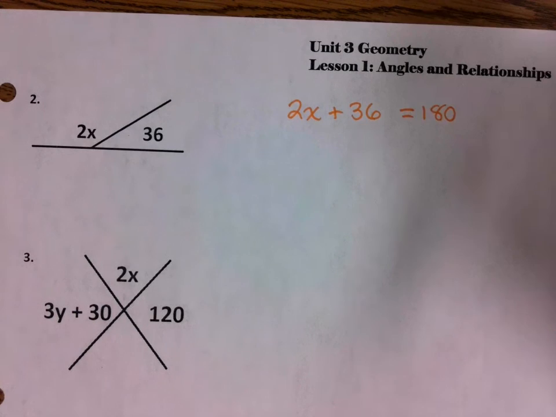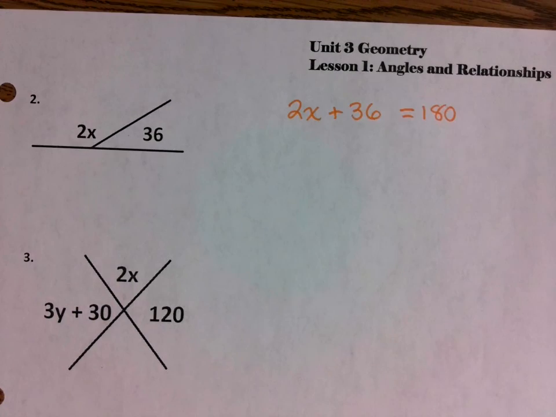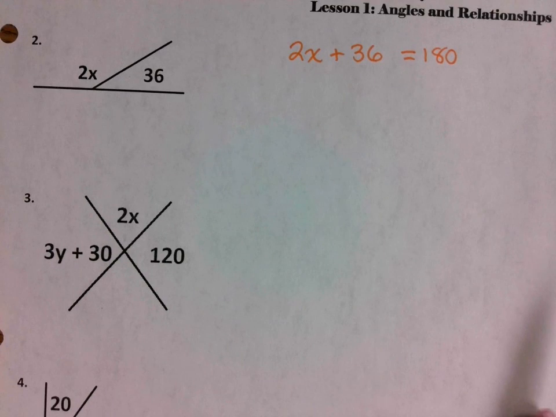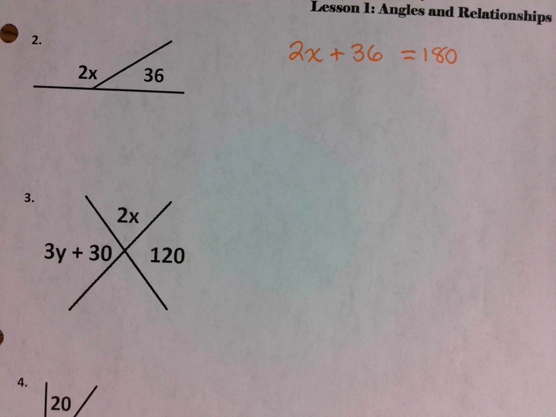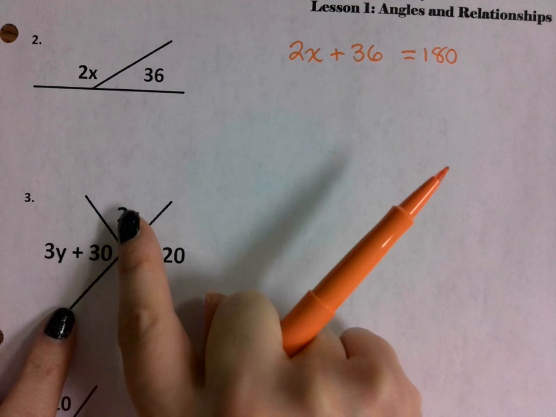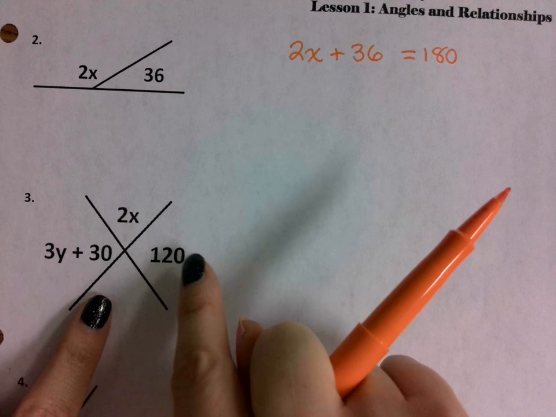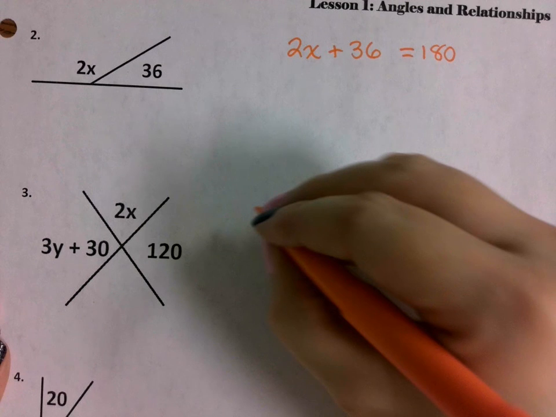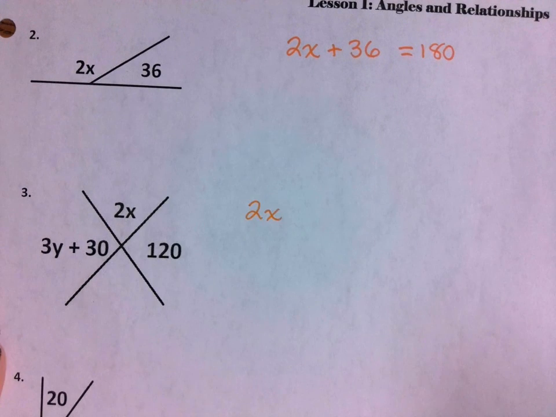For number 3, the first thing that you would need to do is identify the relationship between the 2x and the 120, which is also supplementary. You would have 2 separate equations. You're going to have 2x plus 120 is equal to 180.